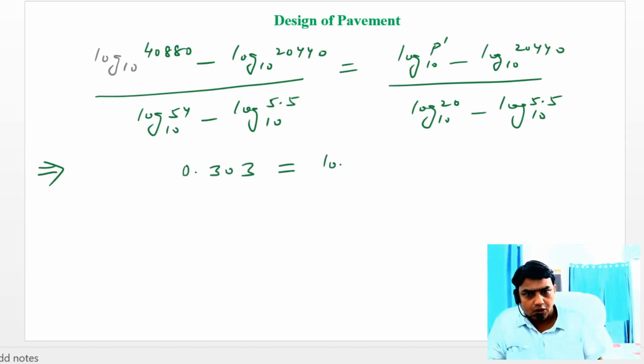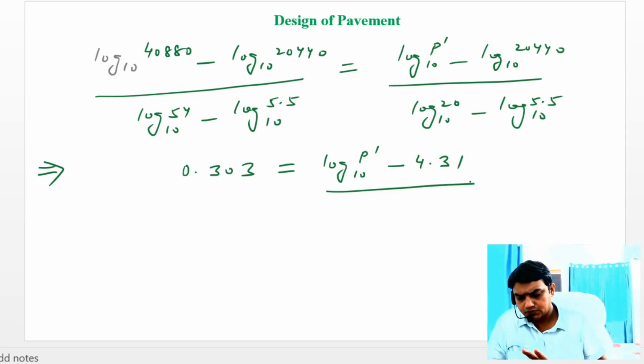That is equal to log P dash to the base 10 minus log to the base 10 of 20440, which is 4.31, divided by log 20 minus log 5.5, which is 0.56.